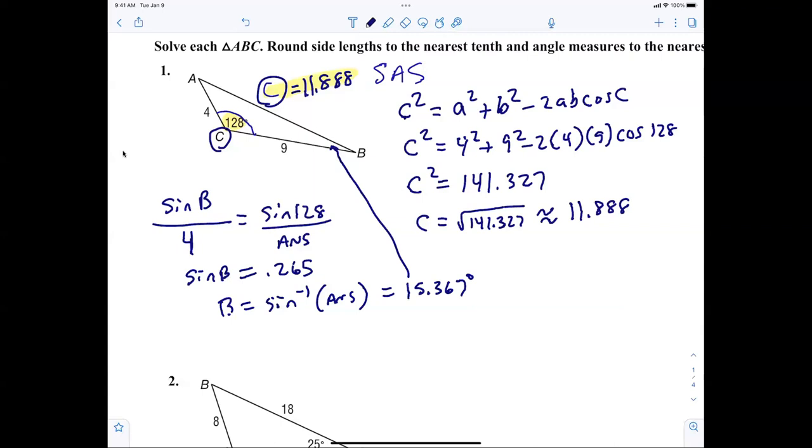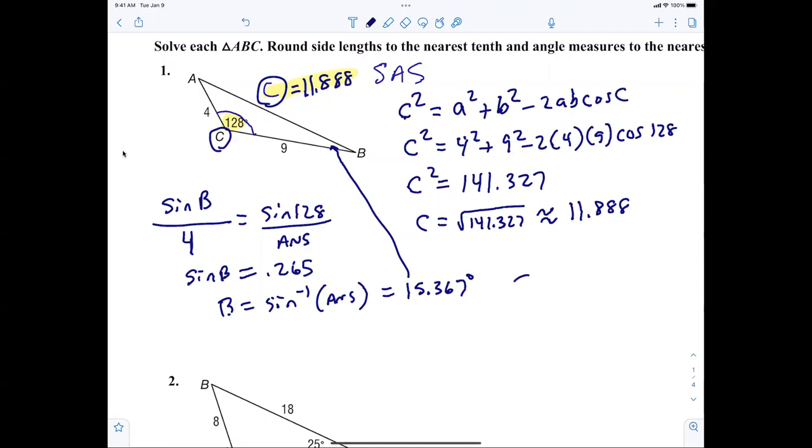So now that we found angle B, to calculate angle A, I would just subtract it from 180. Take that answer on your calculator, add 128. I always just used to do minus 180 and know that the answer is not going to be negative, it's just going to be the positive. Or you can do 180 minus the answer, whatever.